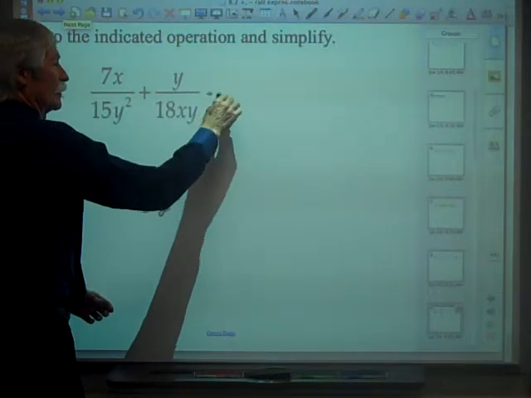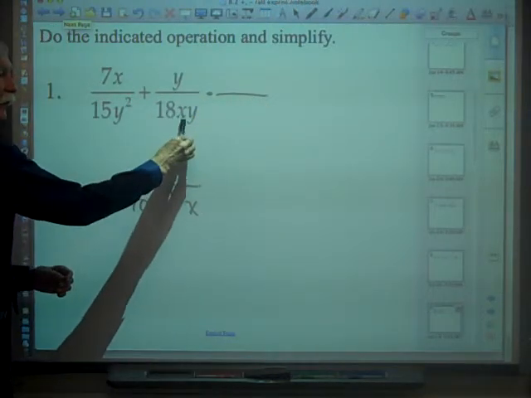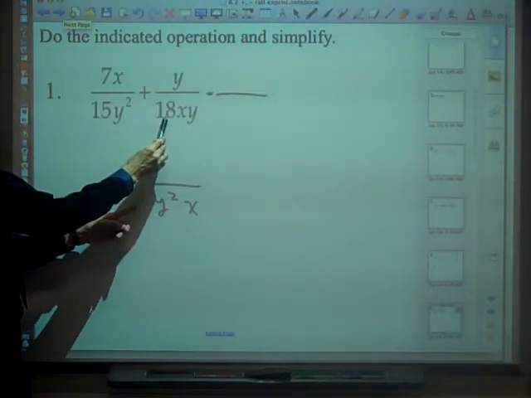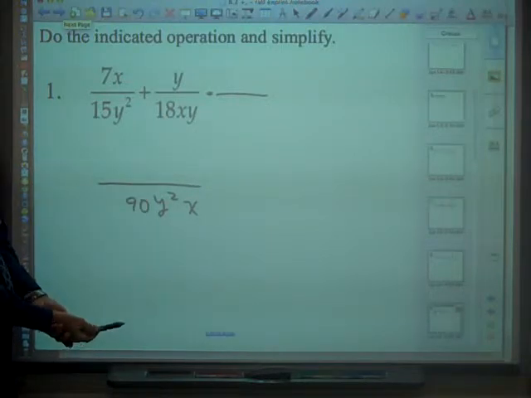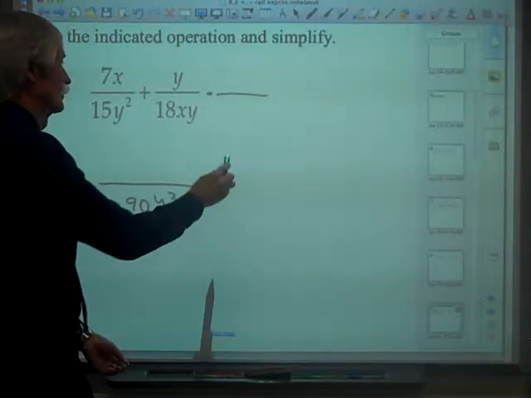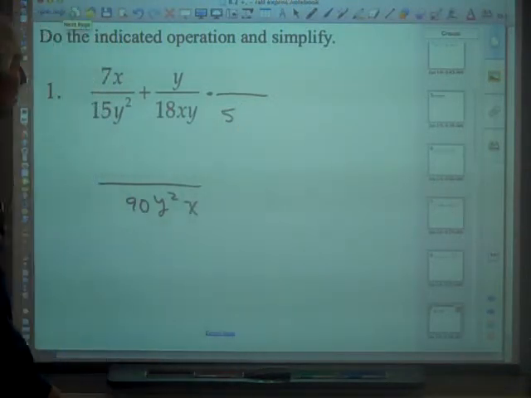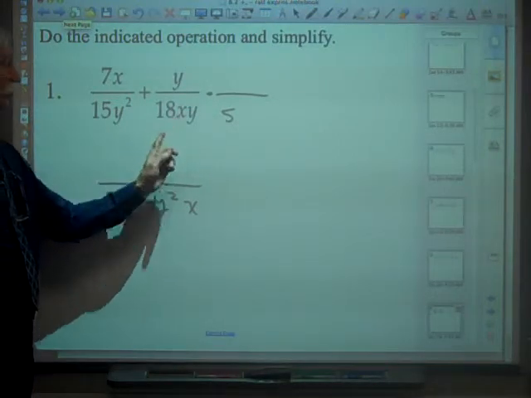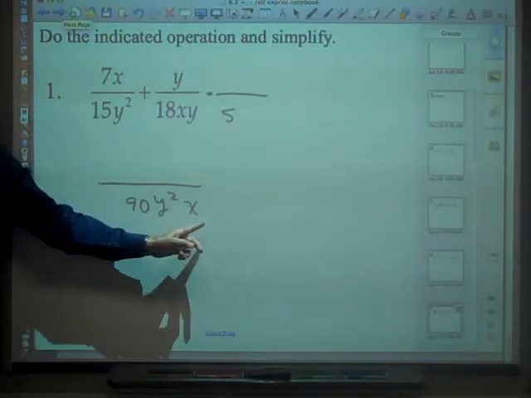Now our job here is how do we create the common denominator for this? What times 18 makes 90? 5. And we're trying to create this common denominator.